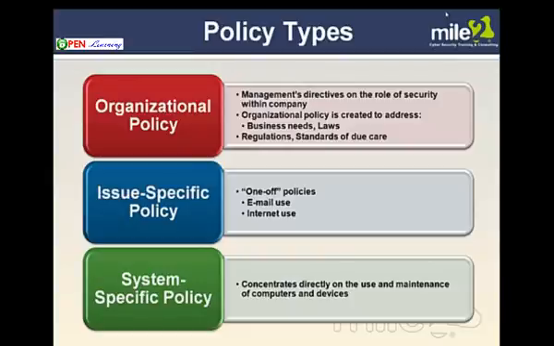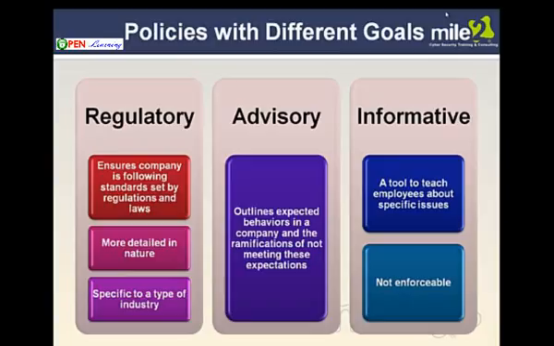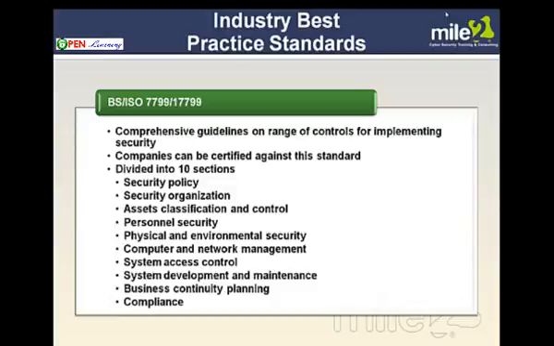Issue-specific policies, email, internet, system, maintenance of computers and devices. Policies with different goals, we have ones that deal with regulations and laws, regulatory. Advisory, outlines expected behaviors in companies and the ramifications of not meeting those expectations, as well as informative, a tool to teach employees about specific issues, not enforceable.